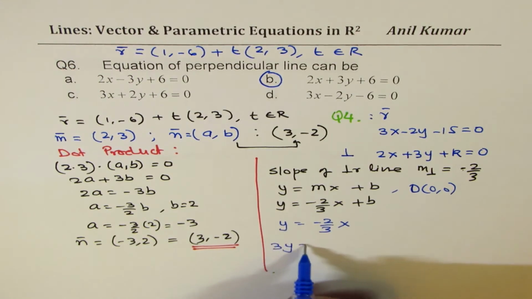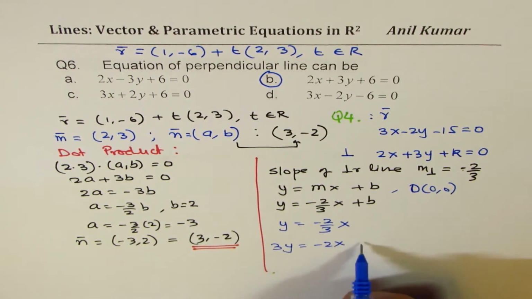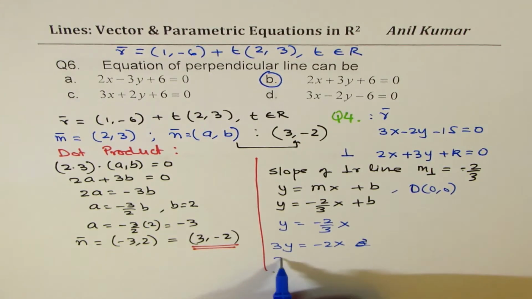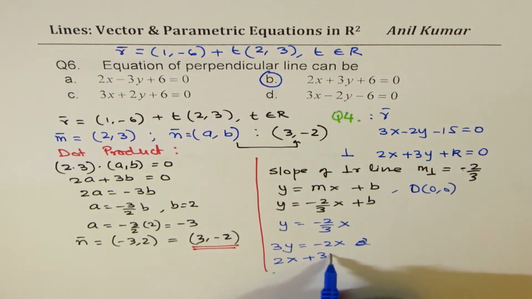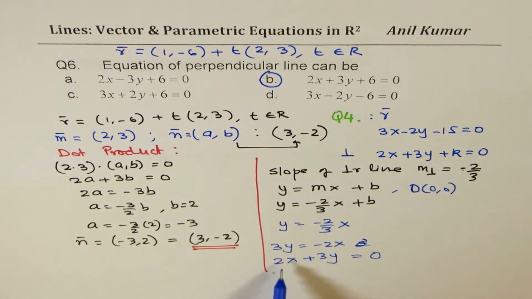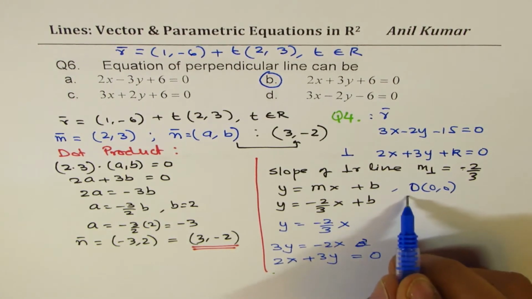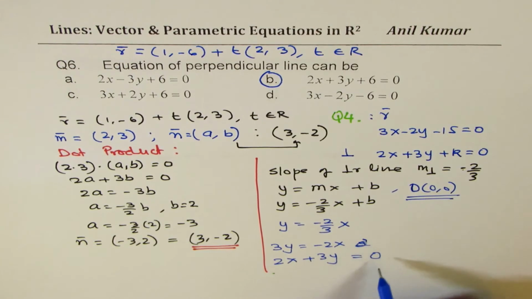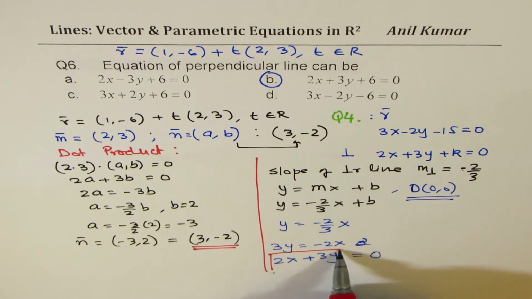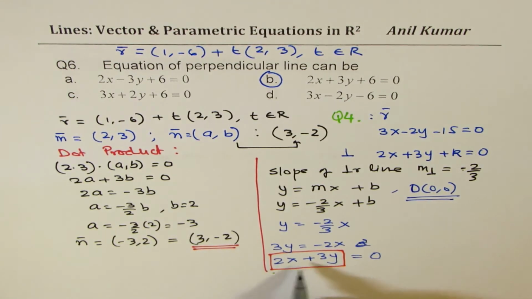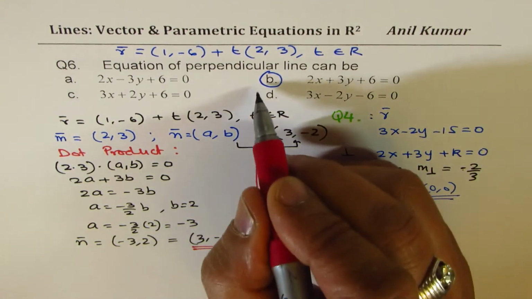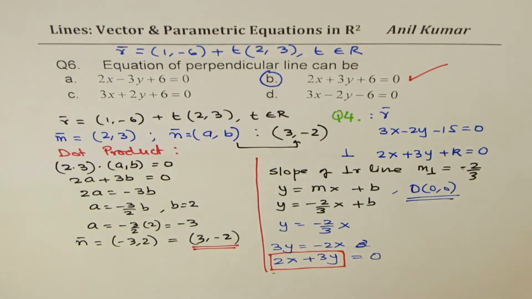So we get 3y equals minus 2x, and then bringing them together will give us 2x plus 3y equals 0. We got that equal to 0 since we are taking the point as the origin, but the point could be any general point. But the important point here is to understand that the direction is defined by these two coefficients, which matches with our option B, correct?